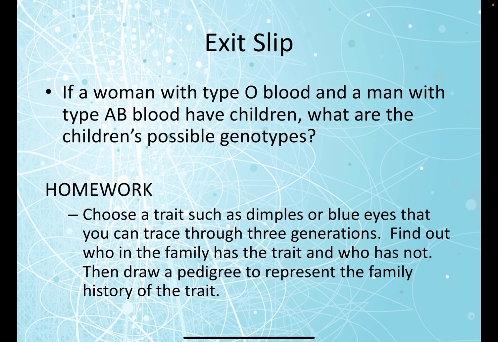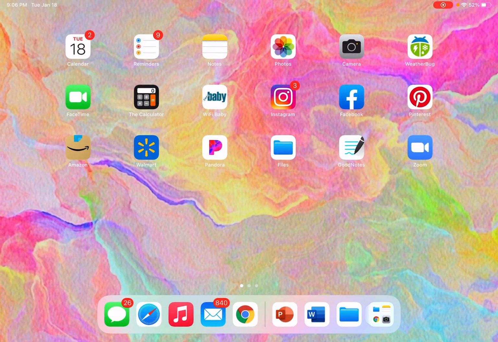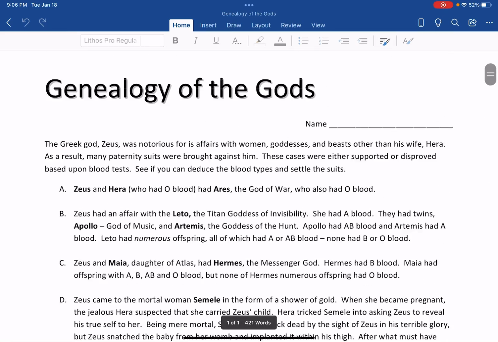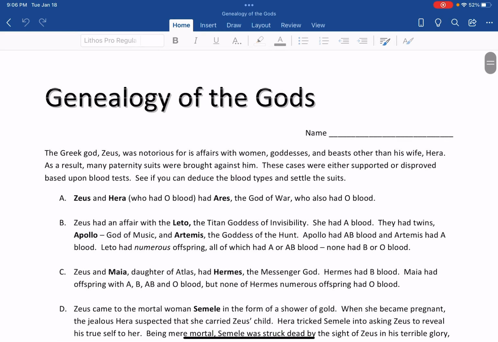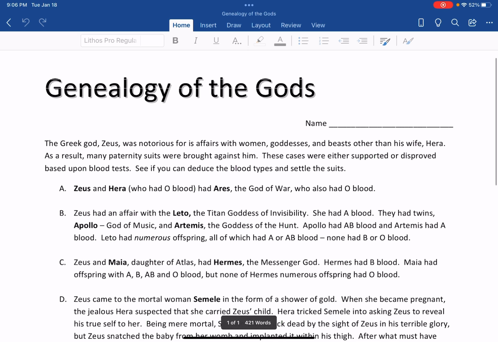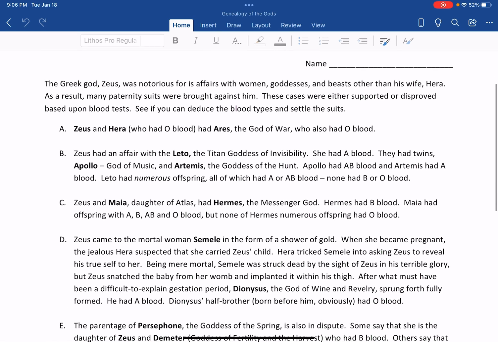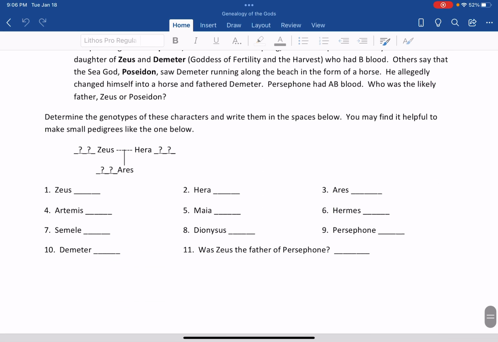All right. So let's talk about your assignment for today. You should have a paper in your binder that looks like this. It says Genealogy of the Gods. It's going to take you through some Greek mythology, Zeus, Apollo, all of those people, and you have to come up with the genotypes down here.